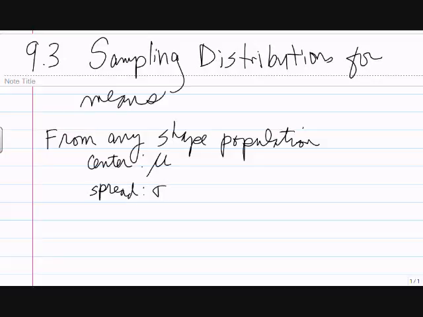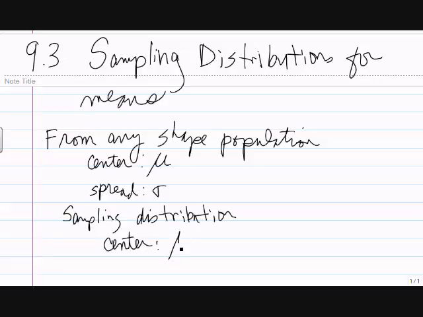It's going to be our standard deviation. The sampling distribution, and that's what we have up on the wall there, has as its center the same number. So from our population and from our sampling distribution, they look like they were both centered in the same place. So it has the same center.